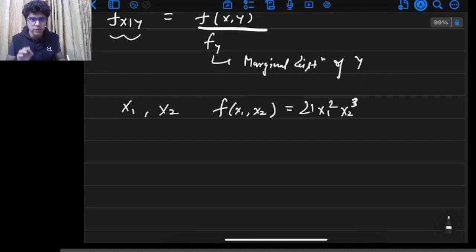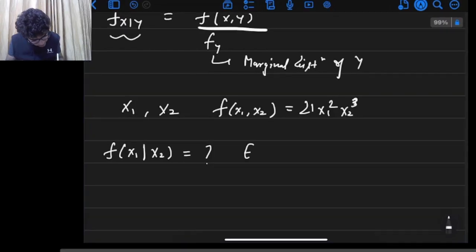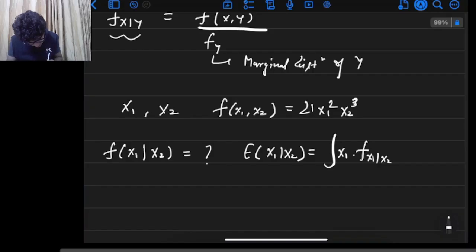Let me first compute f(x | y), or f(x1 | x2), because in this question we need to find the expected value of x1 given x2. The formula will be the integral of x1 times f(x1 | x2) dx1, where the limits are negative infinity to positive infinity.